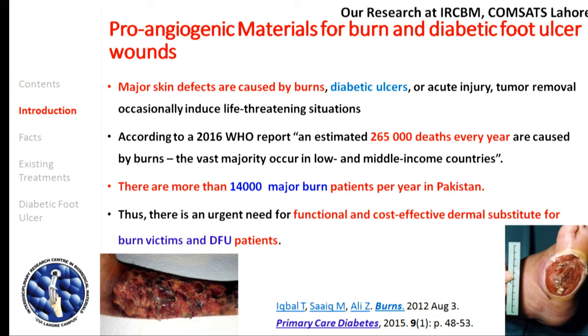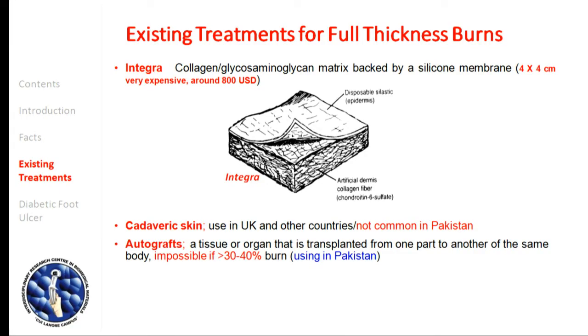So it means there is an urgent need for functional and cost-effective skin substitutes which can help to heal these wounds. If we think about what's already available in the market, yes, Integra is available in developed countries. It's been used for many years now, successfully there. So what's Integra? Integra is basically a collagen-based matrix, and on top of it, there is a silicone membrane.